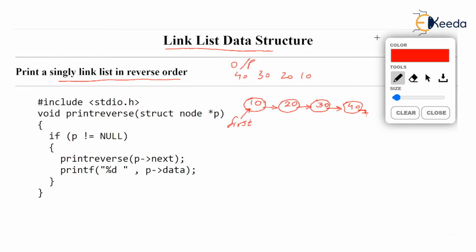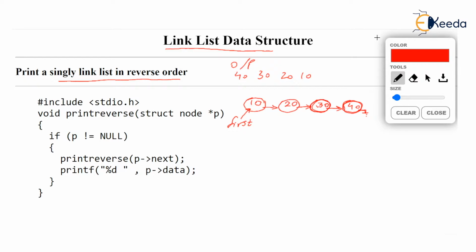Assume that we are at 40. Imagine we know the address of 40 and we have reached 40. So we can print 40, no doubt about it. But if we are at 40, there is no way by which we can go back to 30, because the node 40 does not store address of 30. Similarly, if we are at node 30, we know the address of 30, we will reach this node 30 and we will print 30.